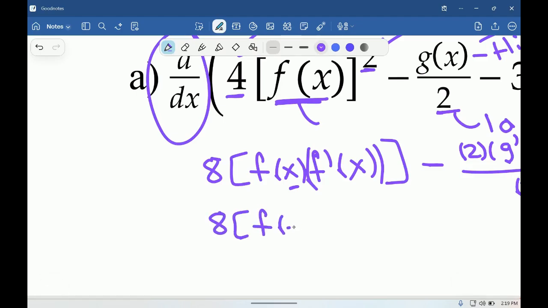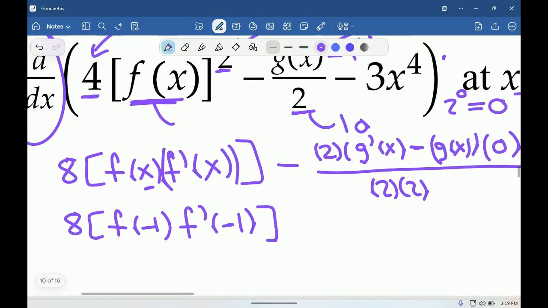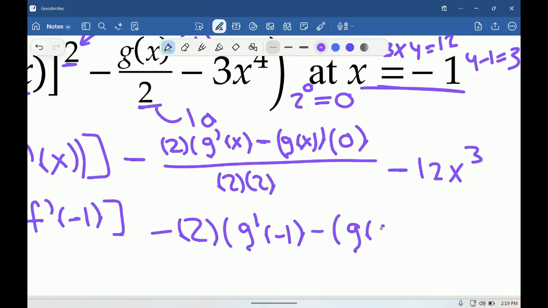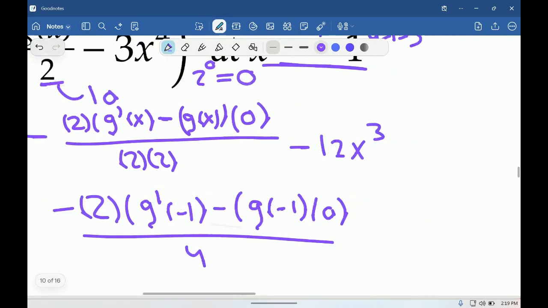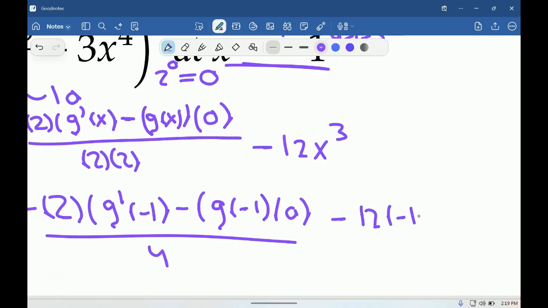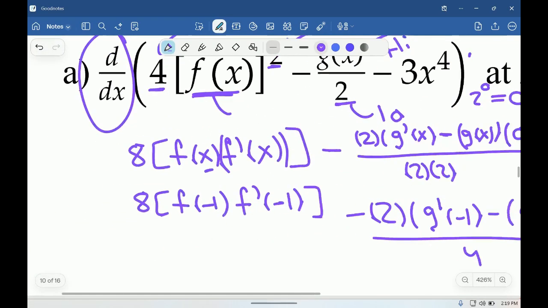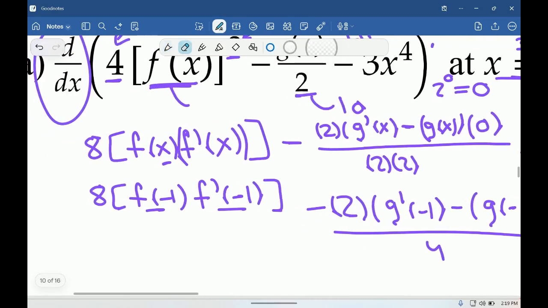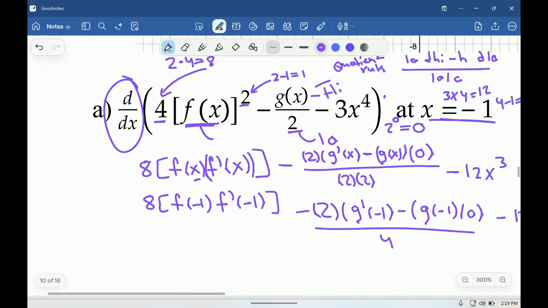It's going to look like this. -1, 0, and then we might as well just multiply the 2 times 2 to be 4, minus 12 times -1 elevated to the 3. Now we're going to want to find the values of the f of x's and the g of x's and their derivatives by looking at a graph and a chart.